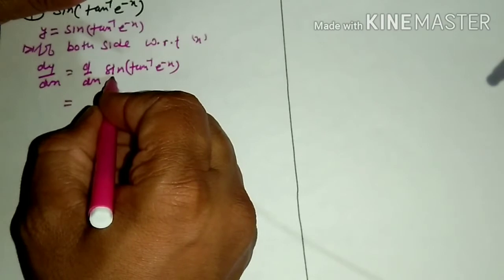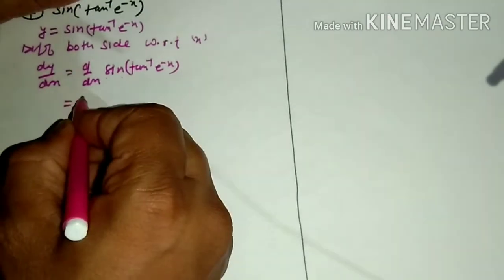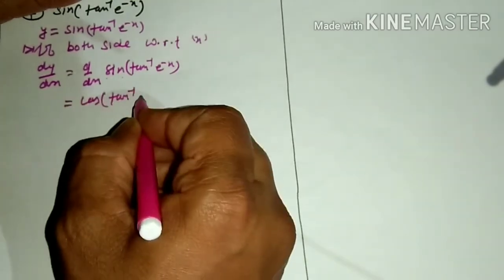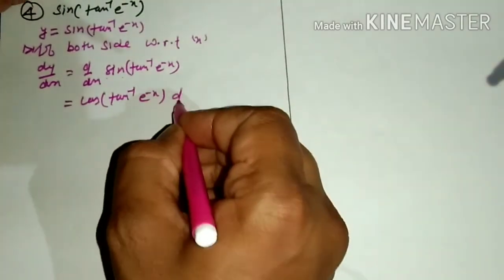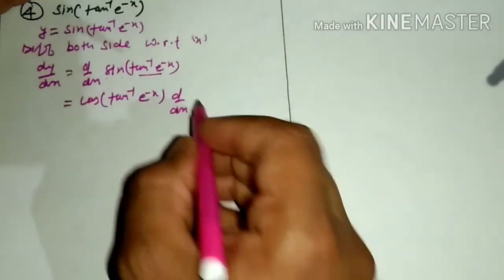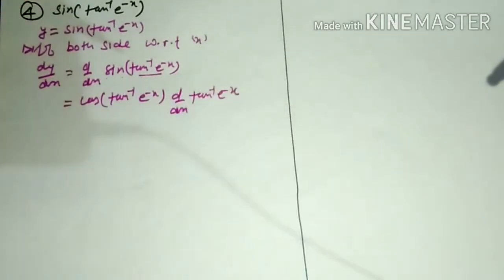Okay, first the differentiation of sine, so cos tan inverse e to the power minus x. Again the differentiation of the angle, tan inverse e to the power minus x. Clear?